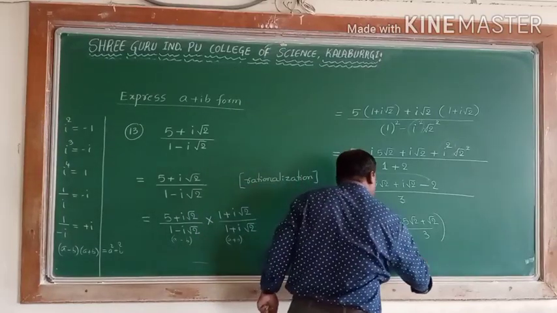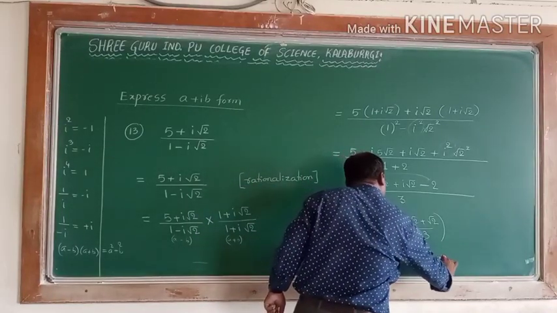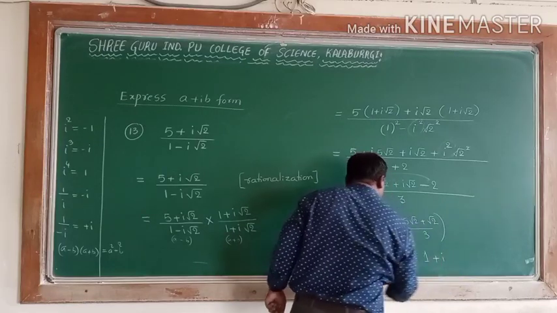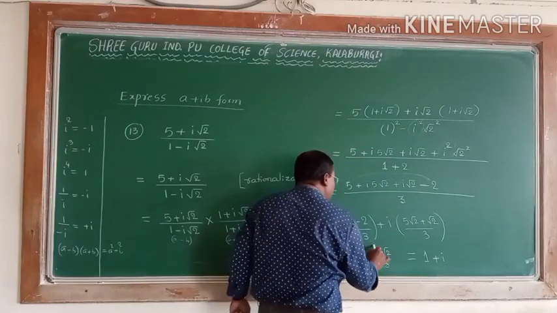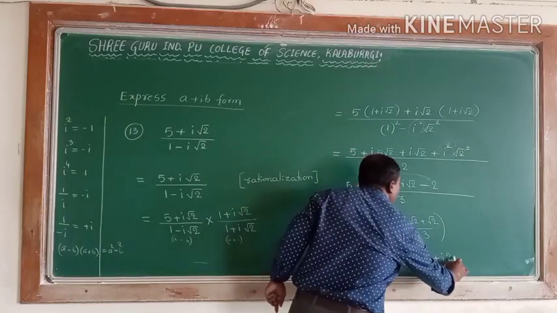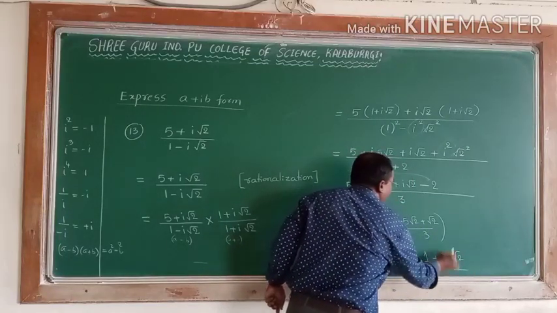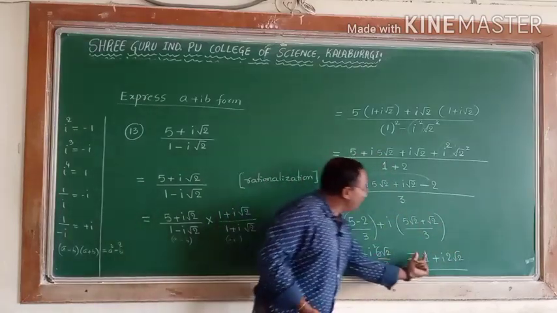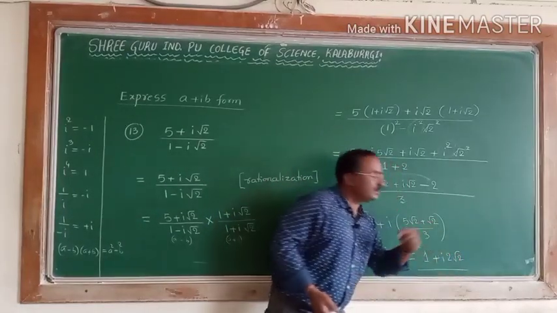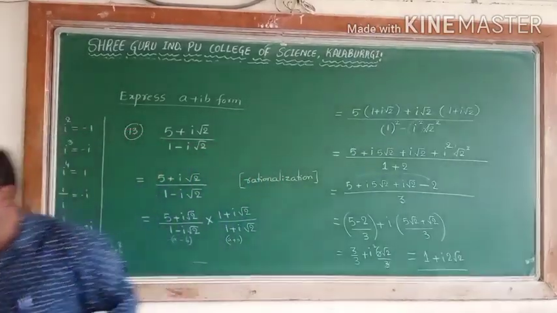The 3 cancels: 1 plus i, 3 twos are 2 root 2. In a plus ib form, the real part is 1 and the imaginary part is 2 root 2.